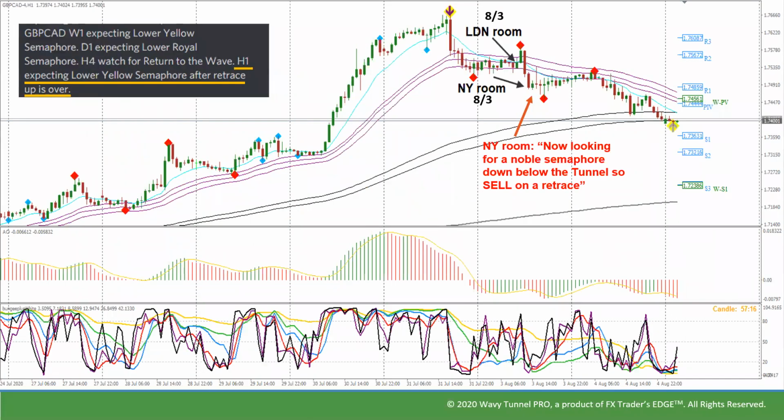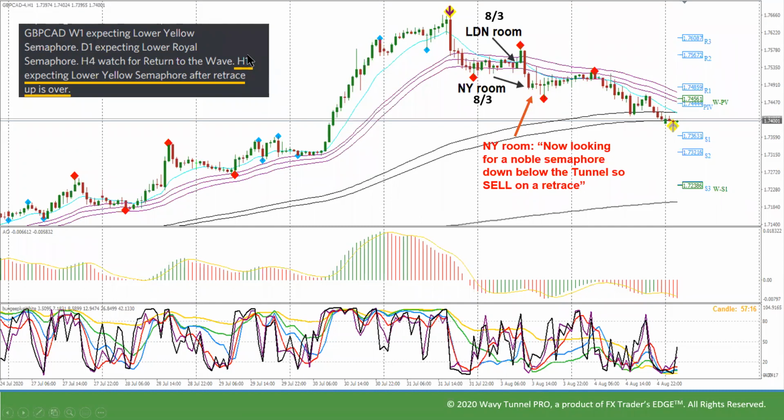So this was a trade that Neil, who is our trading room mentor, posted on August 3rd in the London room. He said, this is where we were in this market, it's the pound Canada. He said, the pound Canada is going lower, but expect a retrace.